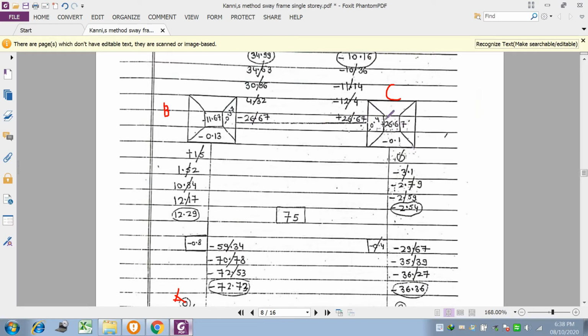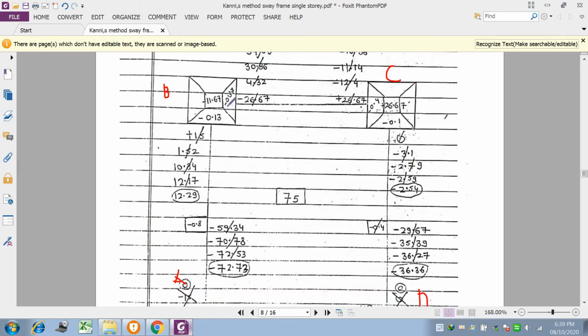Once you get the central value, you can start the iteration using Carnot's method. So in the first iteration, what was our first assumption? The first assumption was that we have to assume the far end value as 0. So here the far end value is all 0, and here also we consider the far end value as 0.